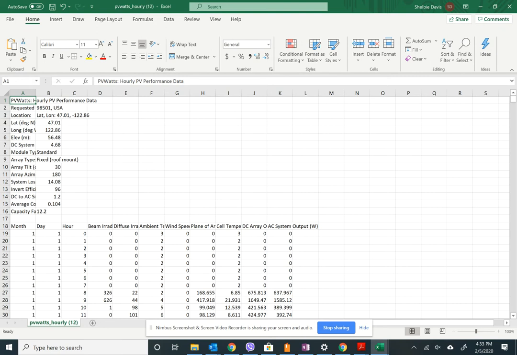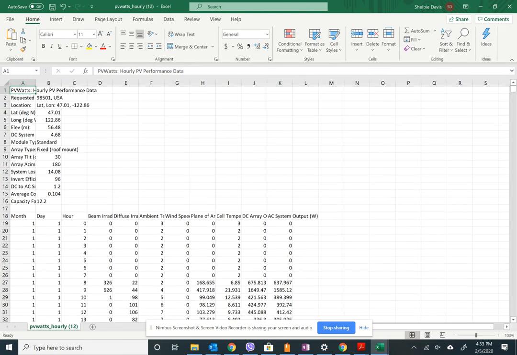So what I'm going to do, once I get this to work, AC output is right here, this column. So I'm going to make a new column. I'll put it over here so you can see it. I'm just going to say above 3,000.